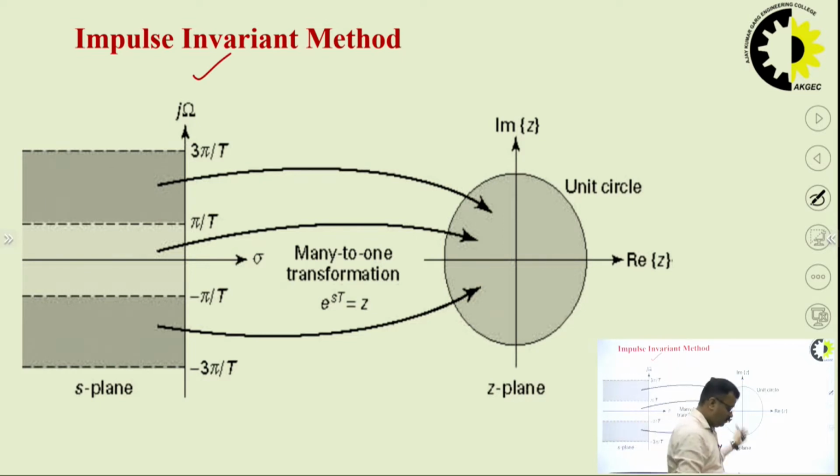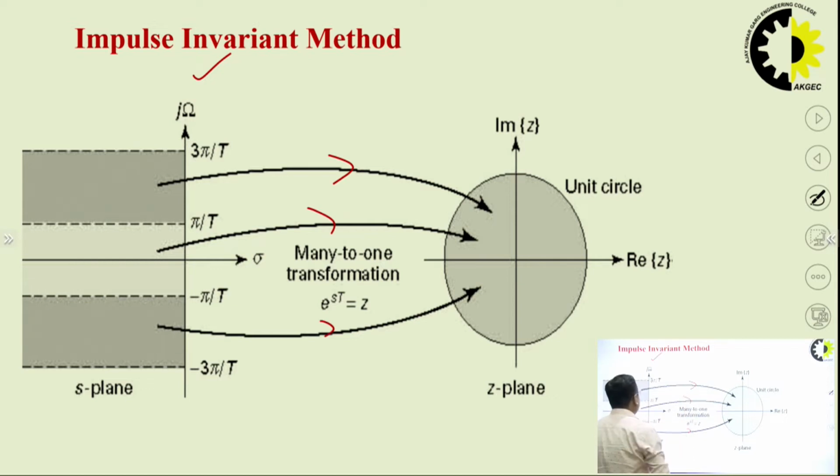Earlier in some previous PPTs, I was telling you about the basics of designing of digital filters. So, the first method, that is the title of this lecture, is the impulse invariant method. In the diagram it is clear, this is a many to one transformation.